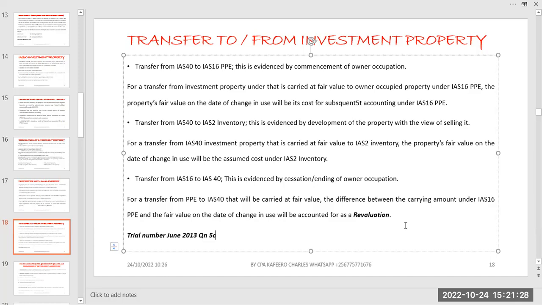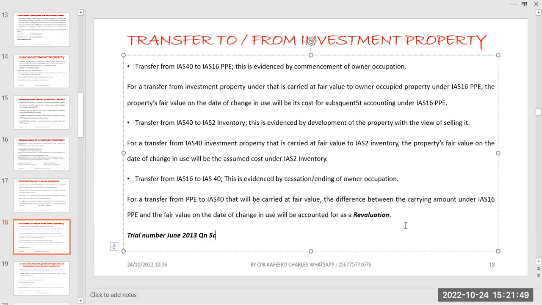How do we treat that? If it was an investment property and it is now becoming an inventory, or they are going to sell it in the normal course of business, how do we deal with those items? Those are the things we are going to be looking at.